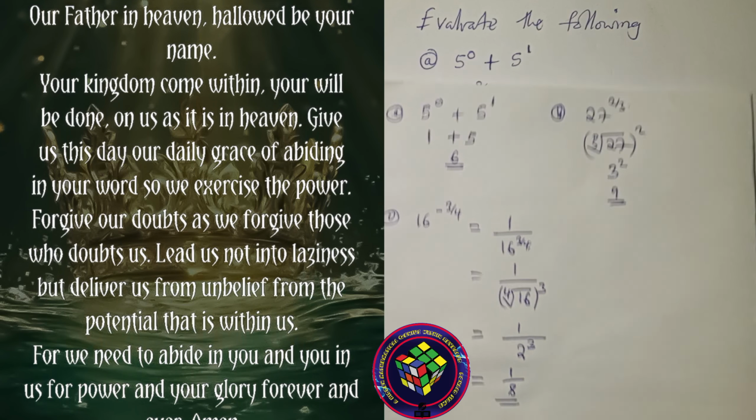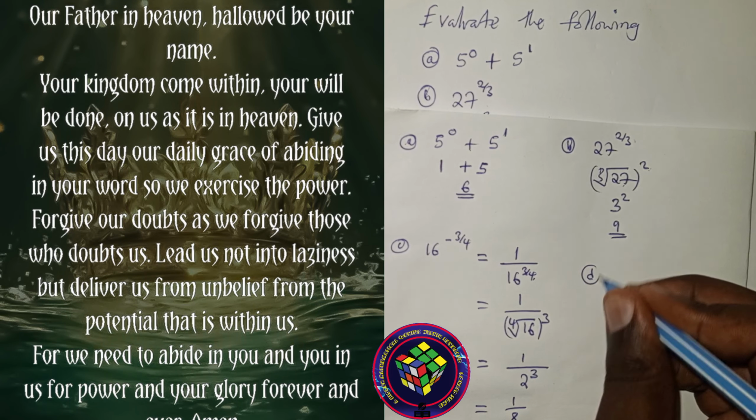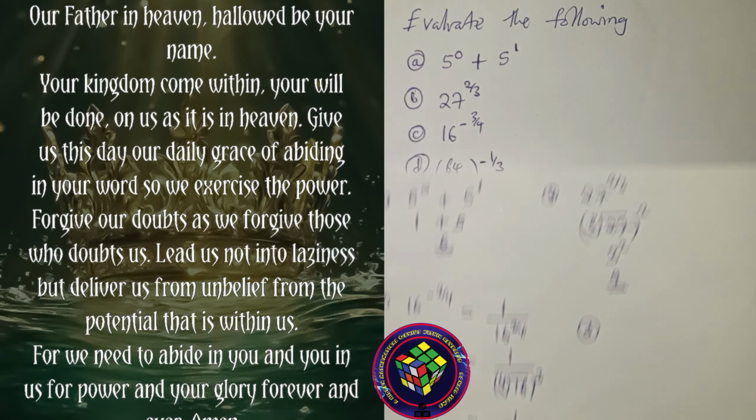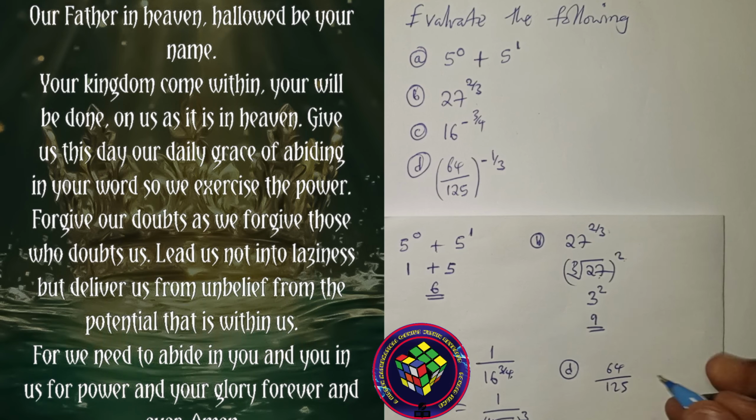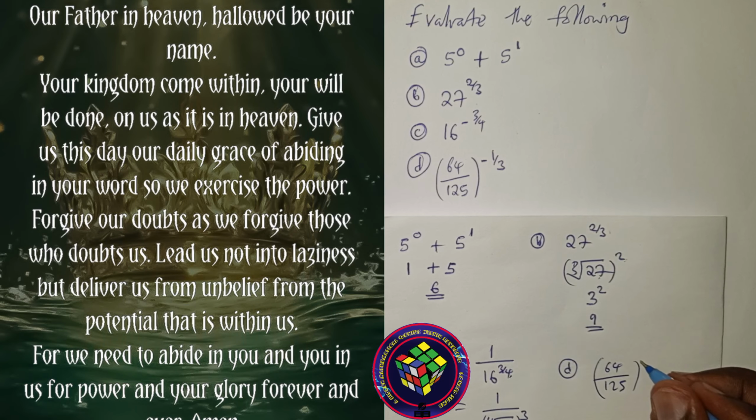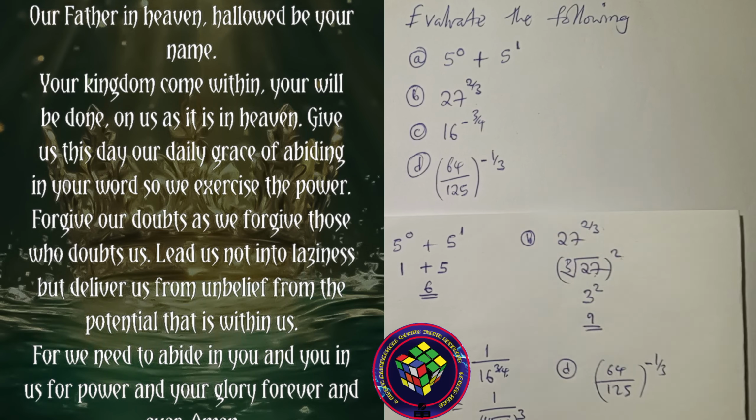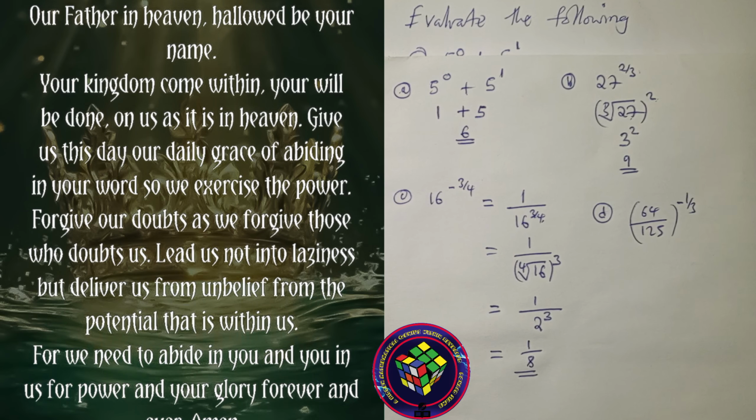Okay, so we go to D. So D, we have 64 over 125 to the power negative 1 over 3. Again, what you should always remember is that when you have a fraction raised to a negative power, to change from negative to positive, you just interchange the fraction.